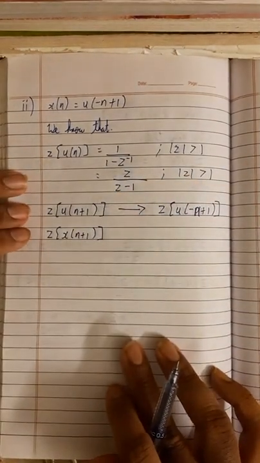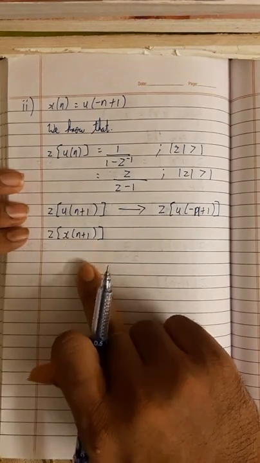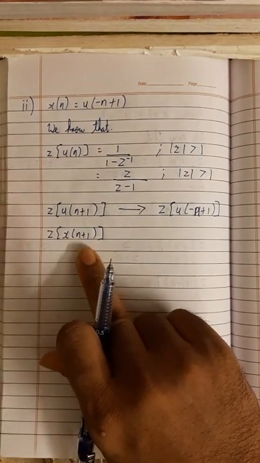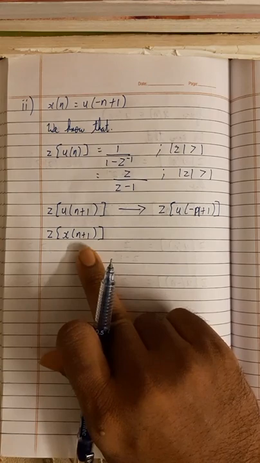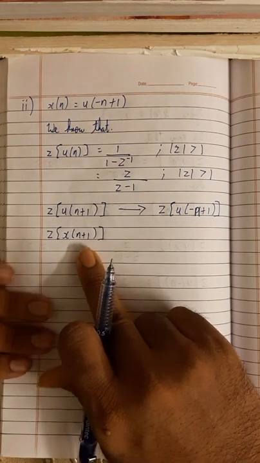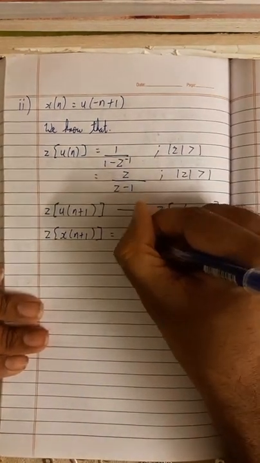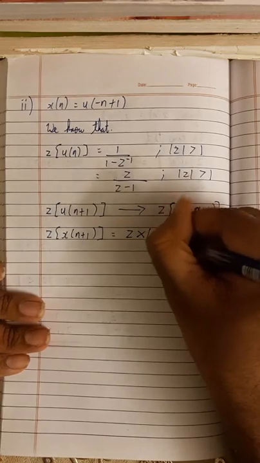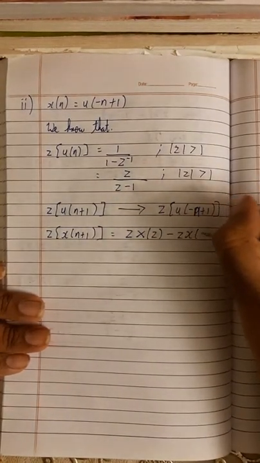You need to understand there are different values of this shifting property, so I suggest you learn x of n minus 1, x of n minus 2, x of n minus 3, x of n plus 1, x of n plus 2 and x of n plus 3, and study all these properties so that whichever they ask in the exam, you should be able to write it fast. So the transform of x of n plus 1 is nothing but Z into X of Z minus Z into x of 0.